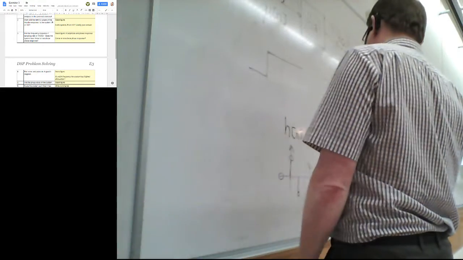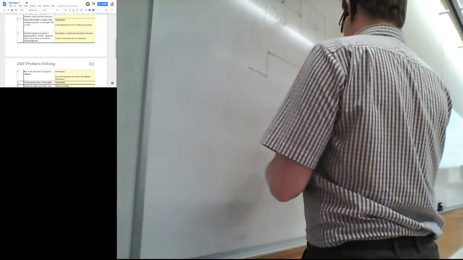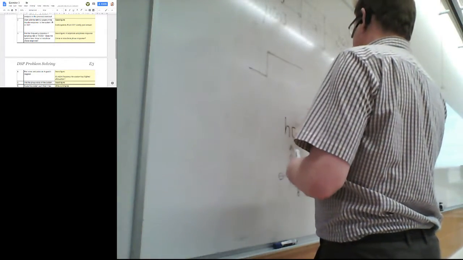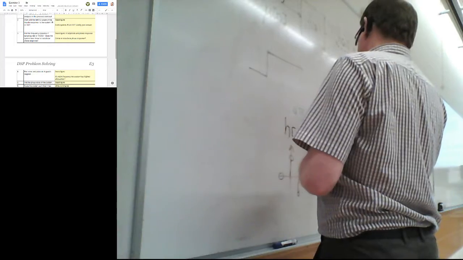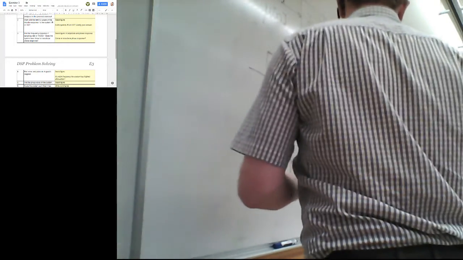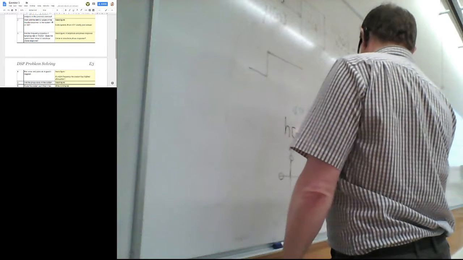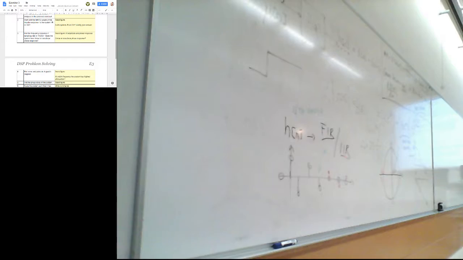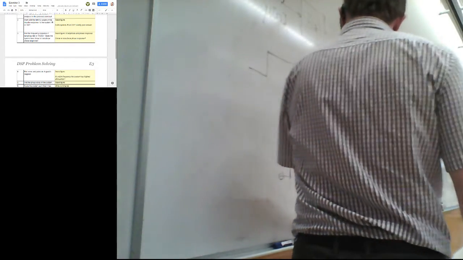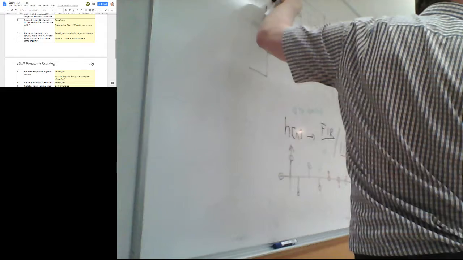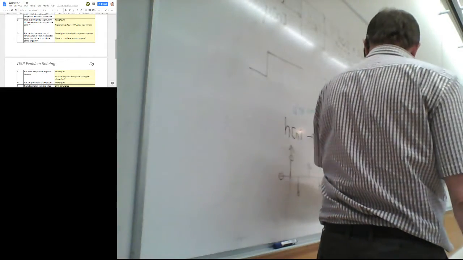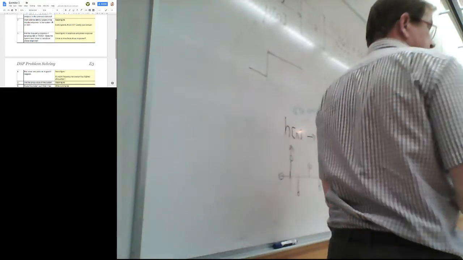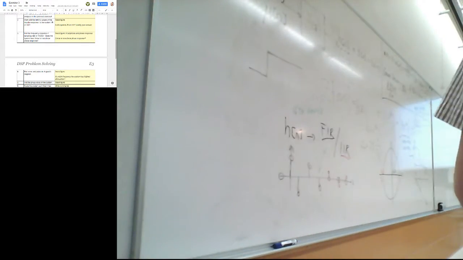Well, if this is an nth order system, then basically you just wait until the nth delay. After that, if the system impulse response is 0, then the system is a finite impulse response system.